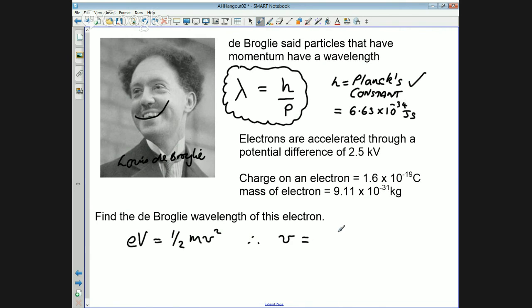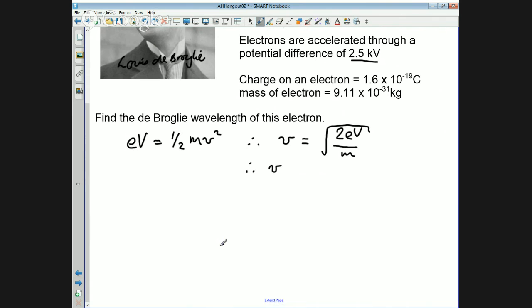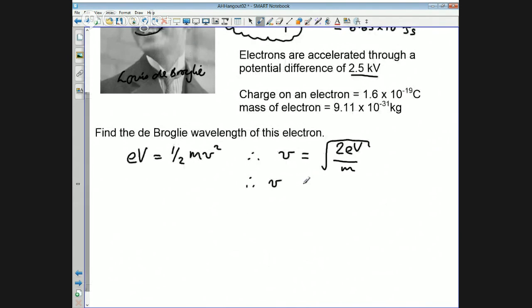We just multiply the eV by 2, and we divide that by the mass, and we take the square root, and we can find the speed of a charged particle as it passes through a potential difference that we're given. So we put the numbers into that one, we can easily find out what the speed is.